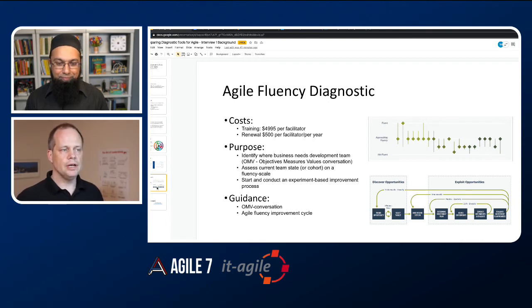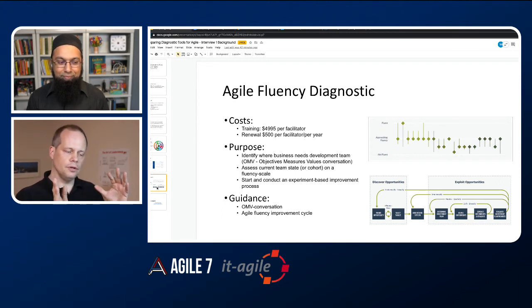The purpose here is building on a conversation with management that is called the OMV conversation. First, identifying what is the area of agility that this particular business needs. So you're grouping the teams into cohorts, and you select one cohort and figure out what is the right Agile Fluency zone. So the whole Agile Fluency Diagnostic is obviously built on the Agile Fluency model.